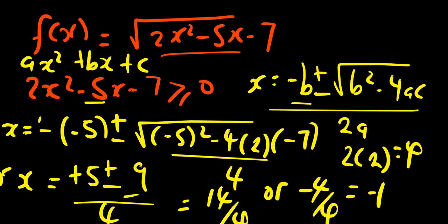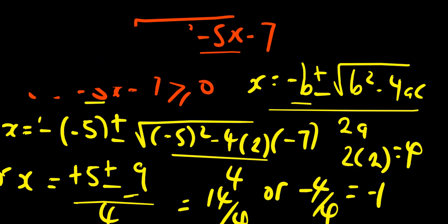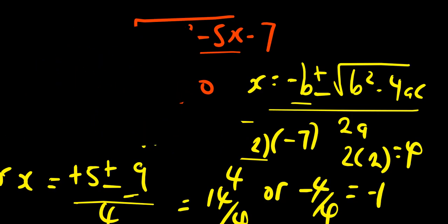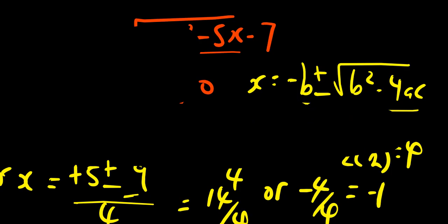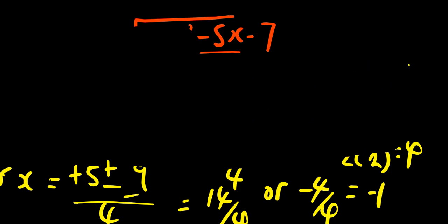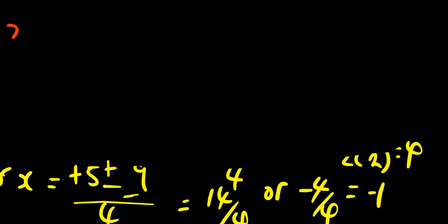Okay, let's see what we have. We found that x is equal to 14 over 4, and x is also equal to negative 1.